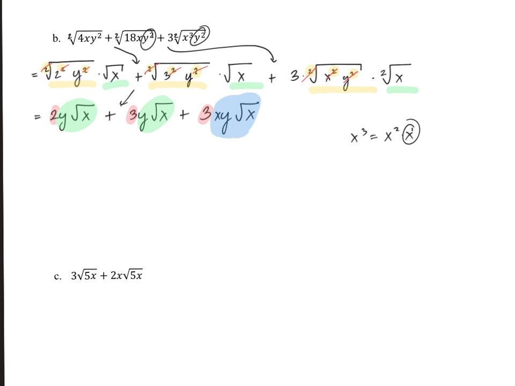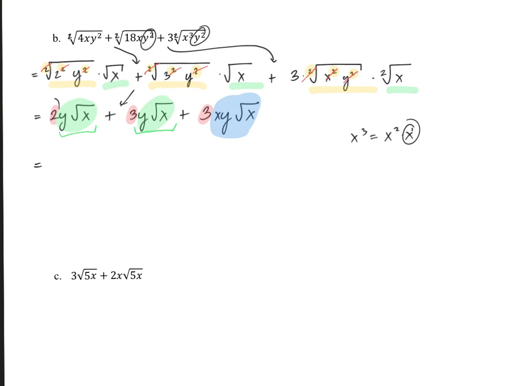So the first two are like terms because they have the same radical expression going on, but the last one's not a like term. So we can only add the first two together. The last one, he's got nobody in common with him.